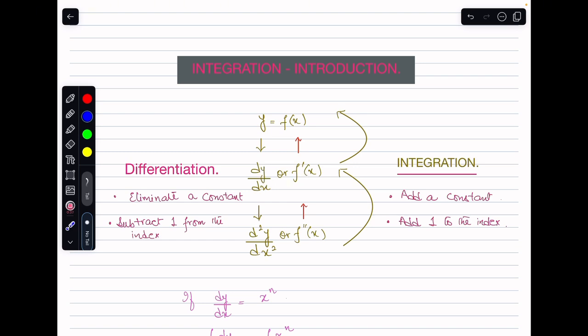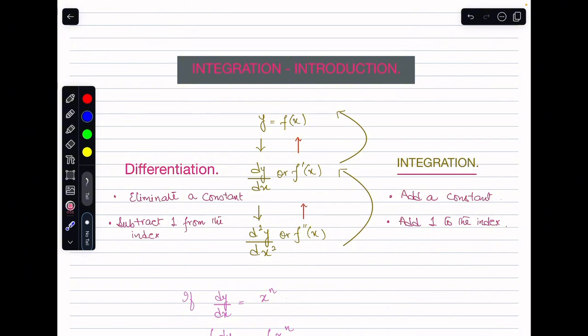And then further, we differentiate it again to get the second derivative d2y over dx square or f double prime x. We know the first derivative represents the gradient, and the second derivative represents the nature of the stationary point.